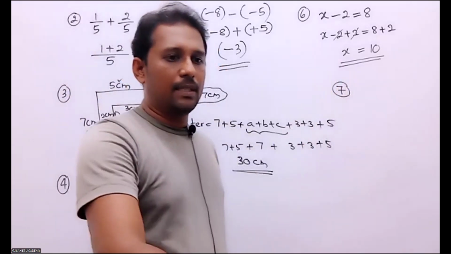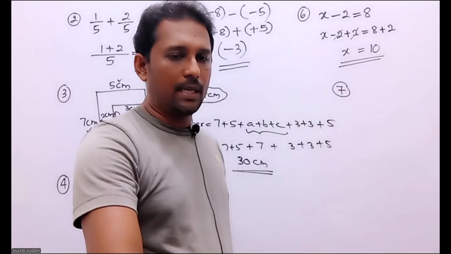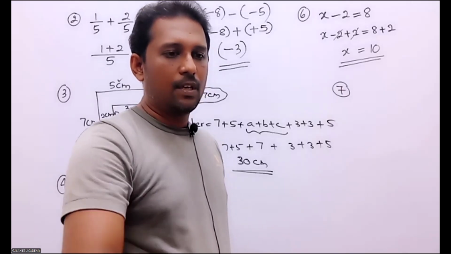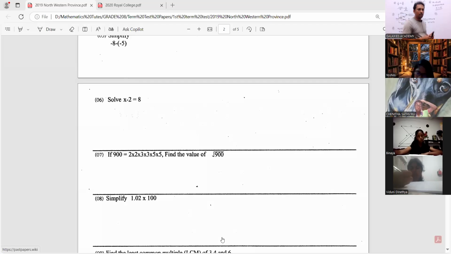Question number 7 is given from the square root lesson. You have to find the square root of 900. Right? Square root of 900 you have to find. Also 900 is given as a product of prime numbers.